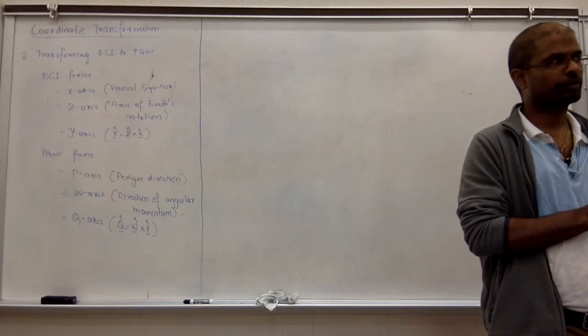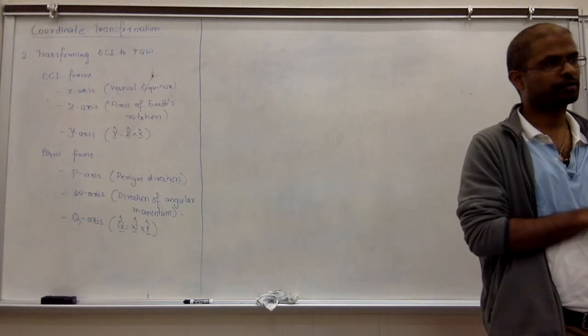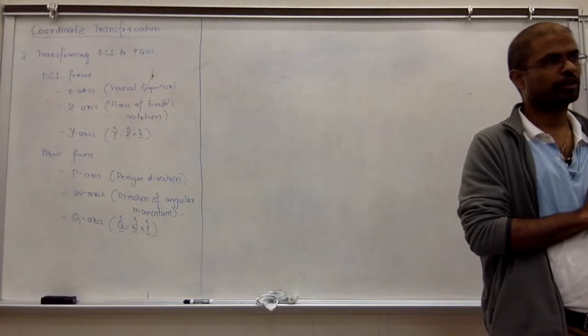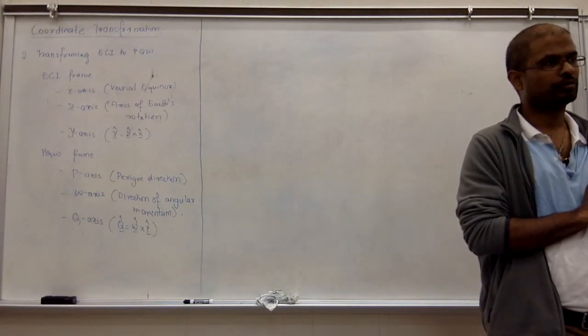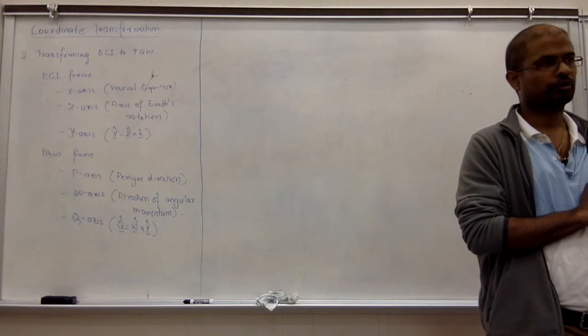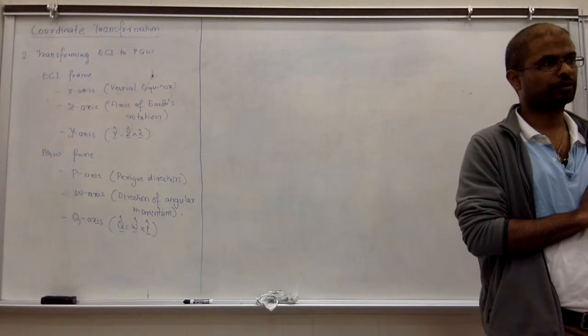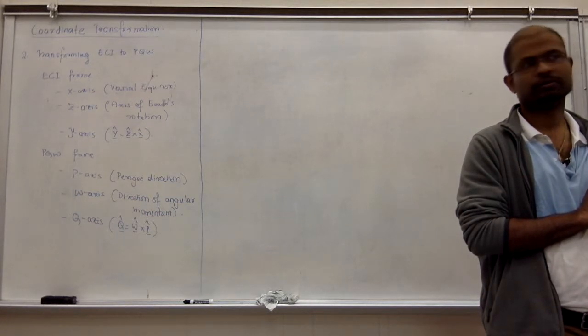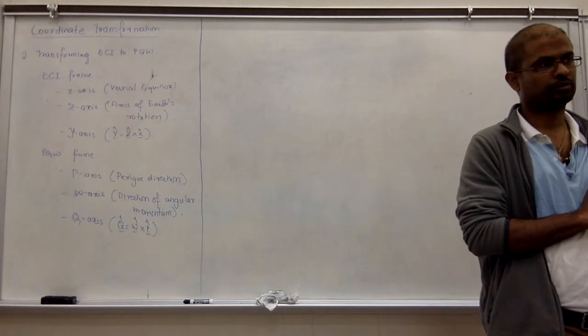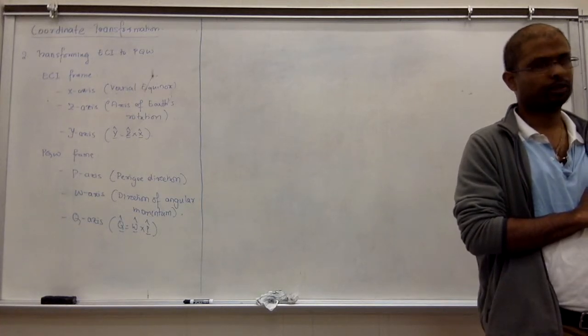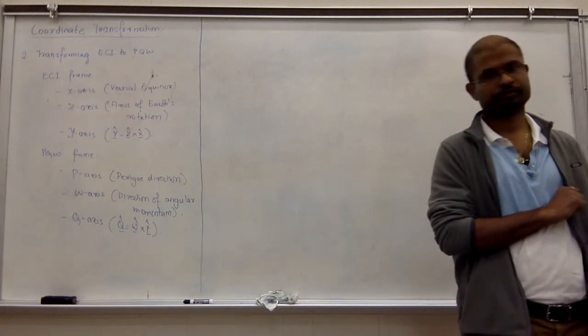So any reference frame will have to have three axes, which are X, Y, Z, orthonormal. Orthonormal means they are perpendicular and they are unit vectors. Why do they have to be orthonormal?